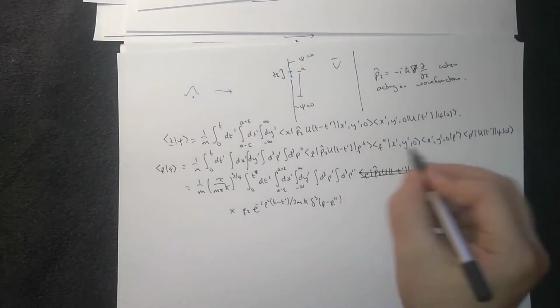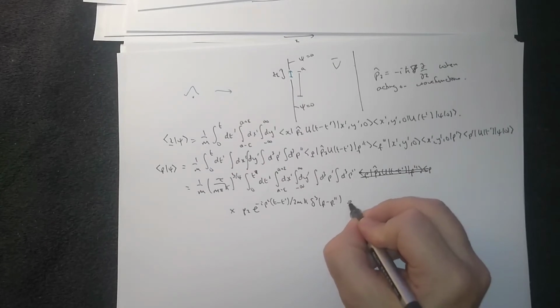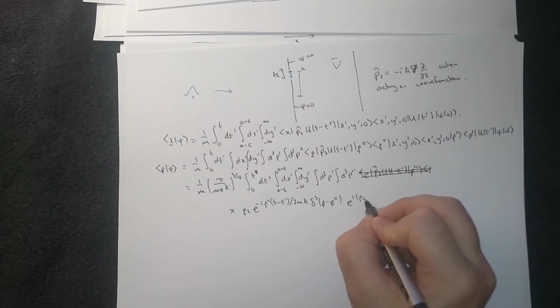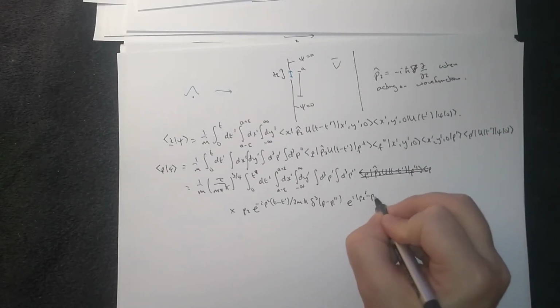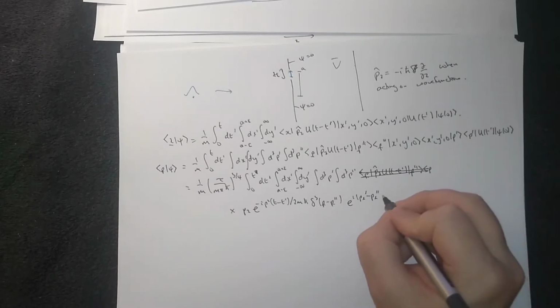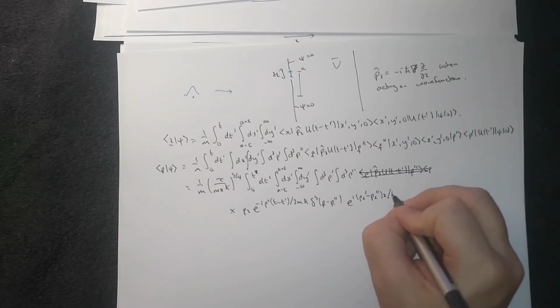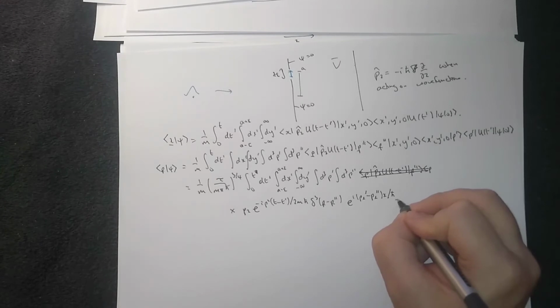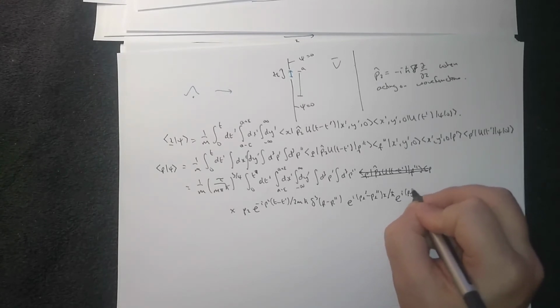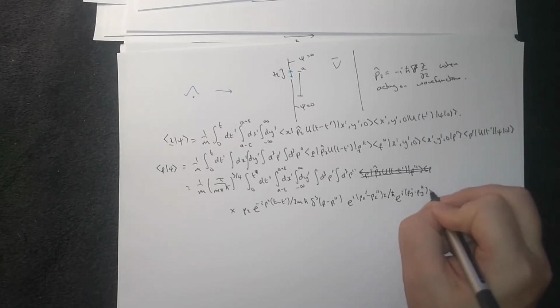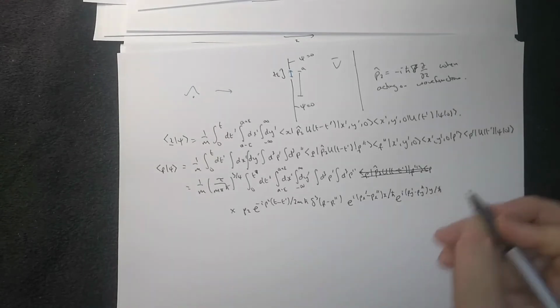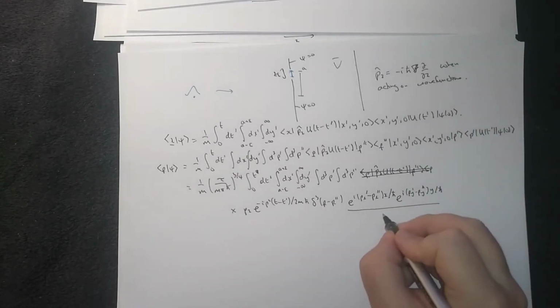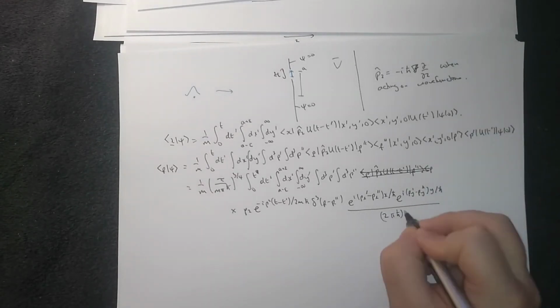Then we get these terms here, which give us e to the i (px prime minus px double prime) x over h bar, e to the i (py prime minus py double prime) y over h bar, divided by (2 pi h bar) cubed.